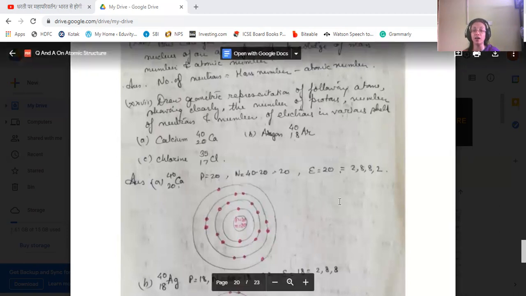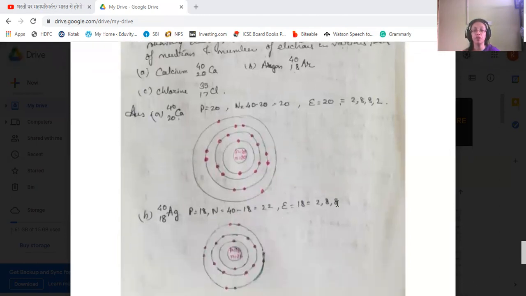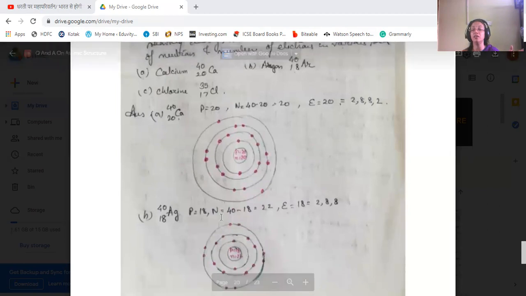Next we come to argon, which has 40 as the mass number and 18 as the atomic number. The protons present in argon are 18, because the atomic number is 18, so electrons will also be 18, and the neutrons will be 40 minus 18, that will be 22. We see that the electronic configuration in this element is 2, 8, 8.